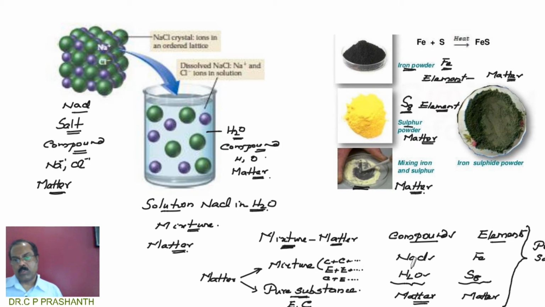Now let us try to understand these pure substances in a little more detail. But before we do that, take a look at this substance. This is formed when this mixture, iron and sulfur mixture, is heated strongly, and this is called iron sulfide, FeS, which is obviously, as we know, a compound.